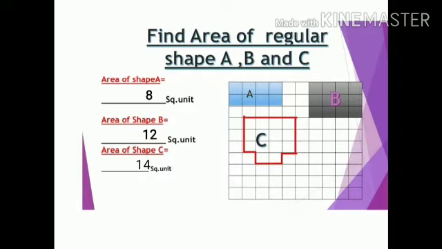Now for shape B. Here in shape B, you can see there are 12 squares inside this rectangle. So area of shape B will be 12 square units. Now for shape C. In this shape, you can see there are 14 squares inside this shape. So the area of shape C will be 14 square units.